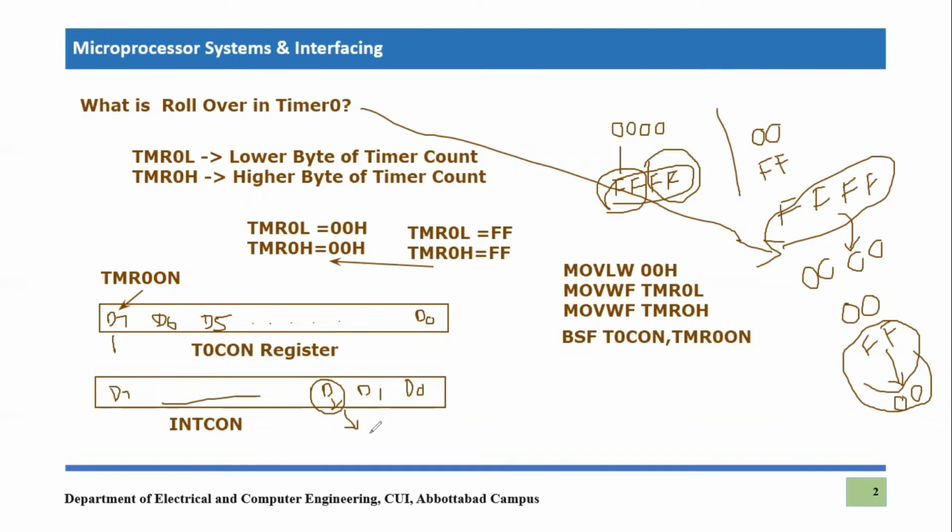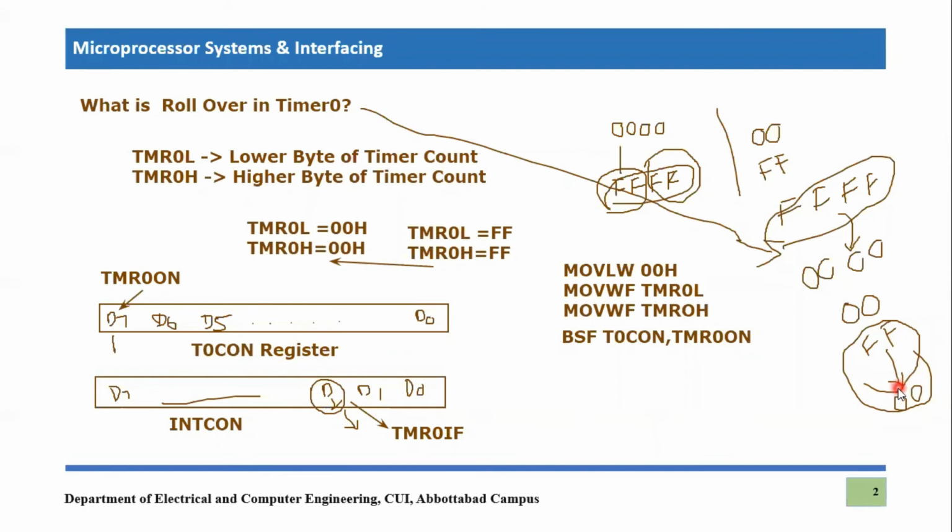So what is D2 called? Let me write it for you: Timer0IF. This is the bit we will be using. What is the significance of this Timer0IF bit? First of all, let me repeat myself.